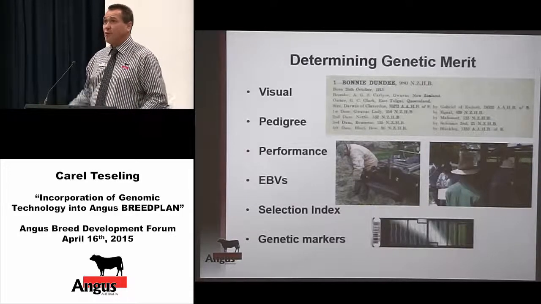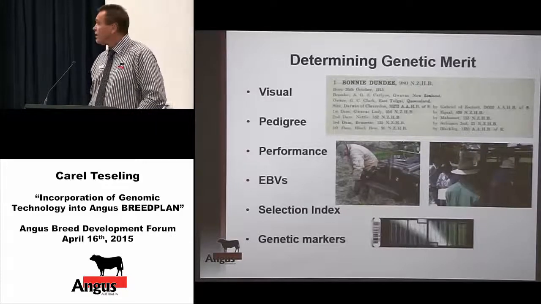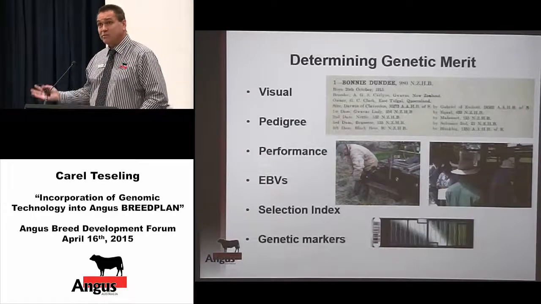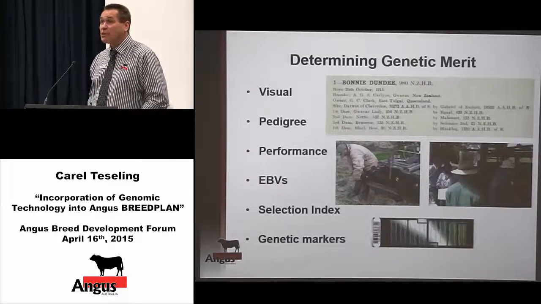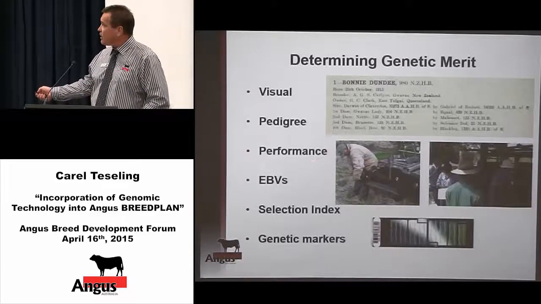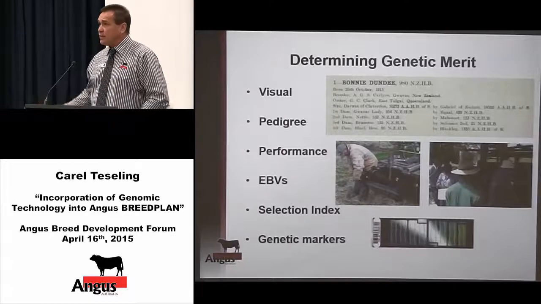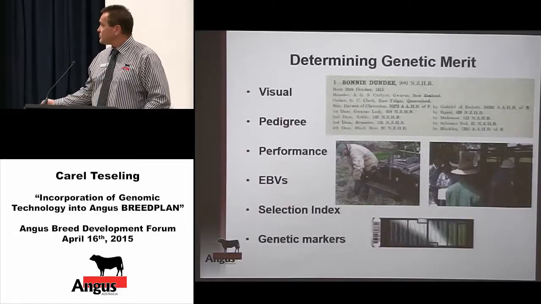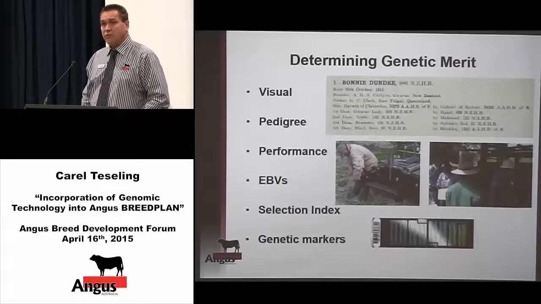So there's, of course, now a lot more performance recording being done, so that's being used as well. And then we've seen EBVs for a while, and really EBVs are incorporating the pedigree information and performance information, and then give us an estimate of those animals' values and genetic merit. We also have selection indexes, where we heard from Andrew this morning.